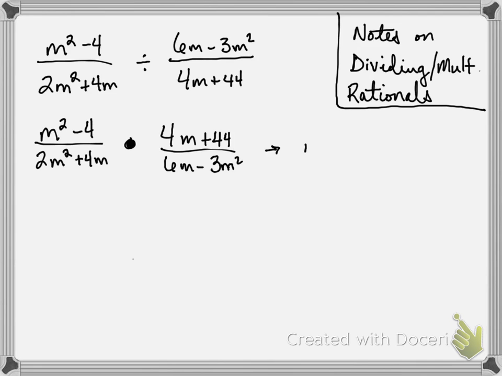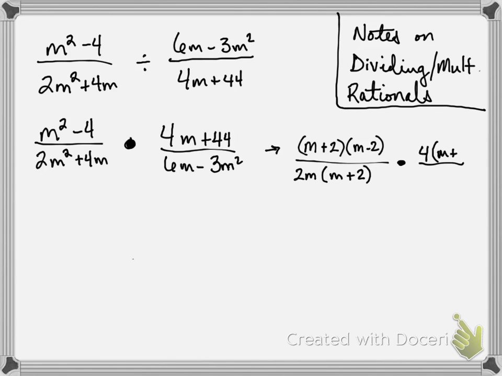So this is going to go to m plus 2 and m minus 2. Okay, so that's the top of that fraction. On the bottom, I notice that they have a 2 and they have an m in common. So I can factor out 2m, and that just leaves me with m plus 2 left over. Then I'm multiplying. Up top over here, they have a 4 in common.